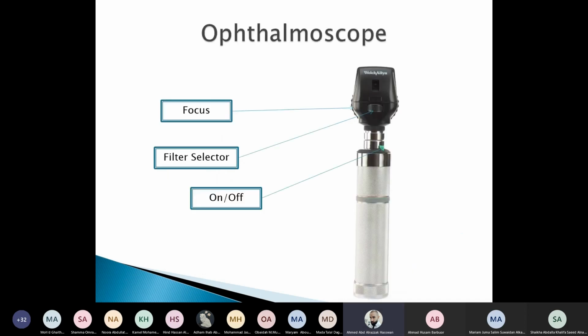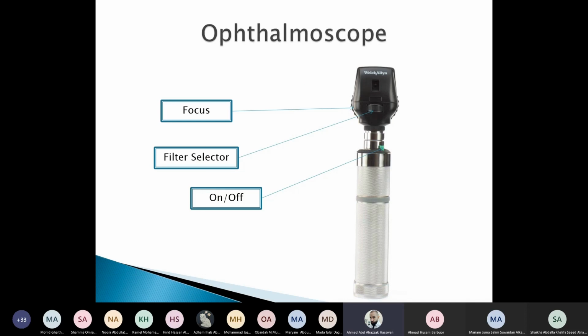Whenever we start any examination or procedure which needs equipment, usually we start by identifying or preparing our equipment. This is how the fundoscope looks, just like what we have in our labs. This device has 3 controllers. The first one is on and off: you press this green button, then rotate this black circle to turn it on and off.